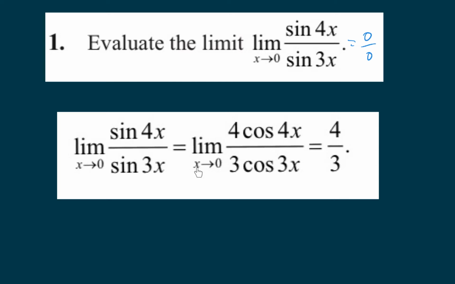When x goes to 0, cosine of 0 tends to 1, so this will tend to 4/3. So the limit is done. Let's go to the next.